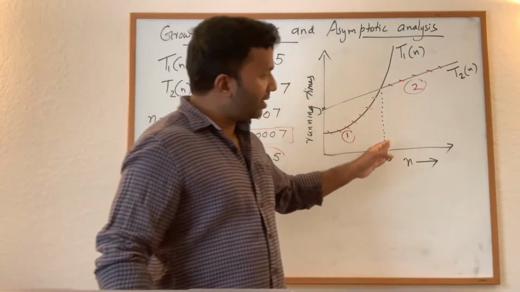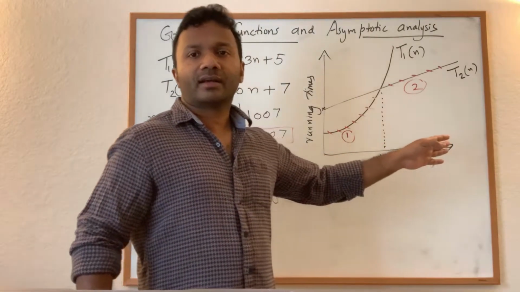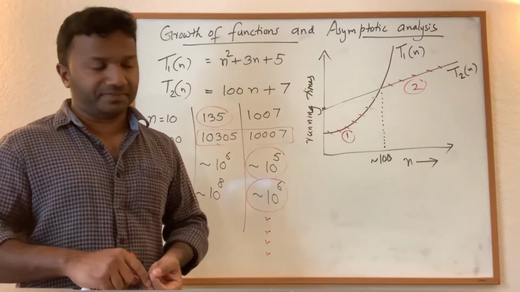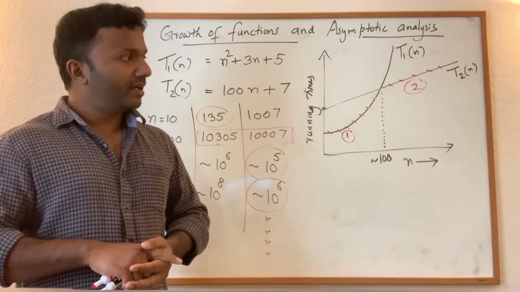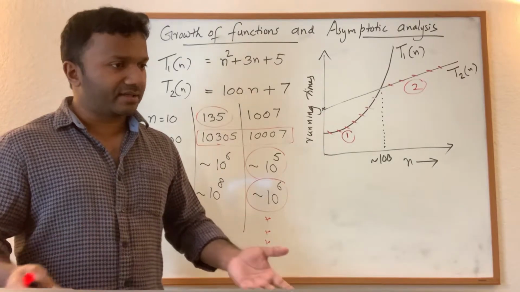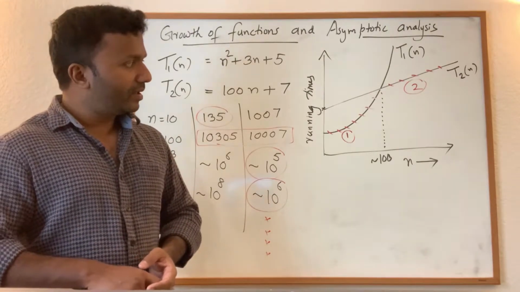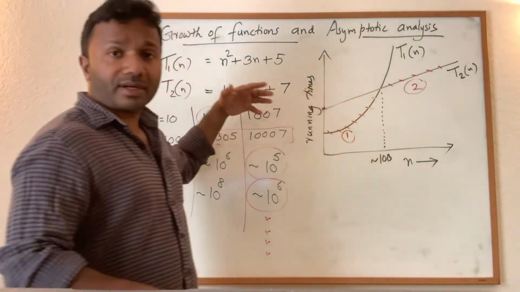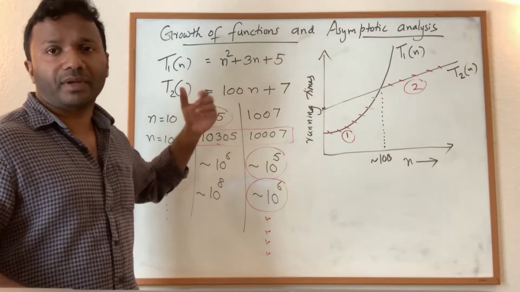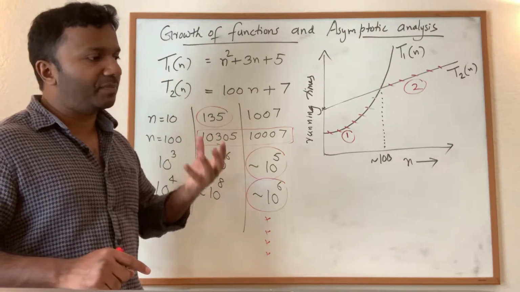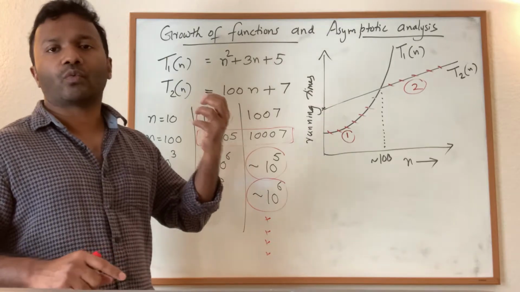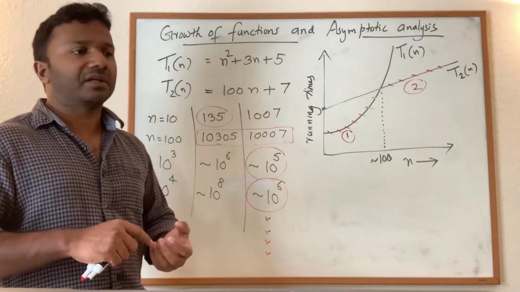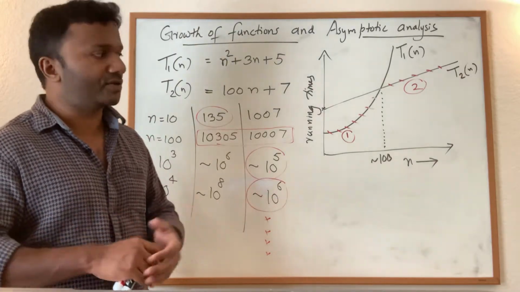But now when it comes here, you may have two algorithms where one algorithm is faster than the other one, maybe let's say 10 times faster. But this n is so big that the actual running times are also going to be so big. Then what could happen is maybe one algorithm will take, let's say, 1 day to finish the job, whereas the other algorithm will take maybe 10 days or 100 days to finish the job.